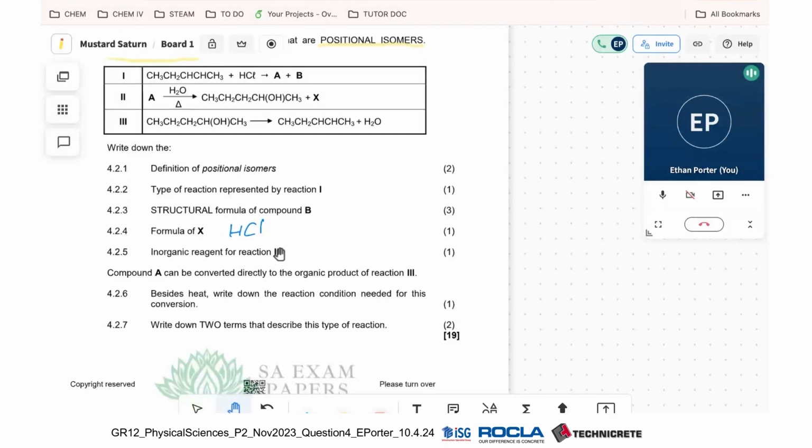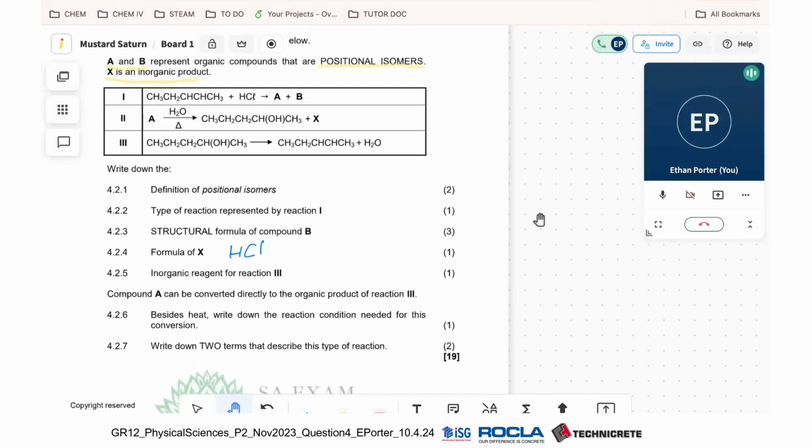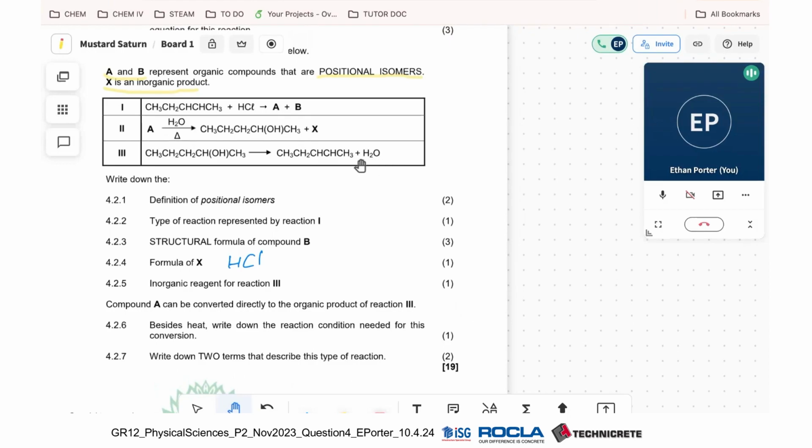Inorganic reagent for reaction 3. So now we take our alcohol. It seems it's a secondary alcohol, I think. And we're going to basically regenerate our alkene plus water. So the question is asking for the inorganic reagent for reaction 3. What reagent can regenerate our alkene and the water?